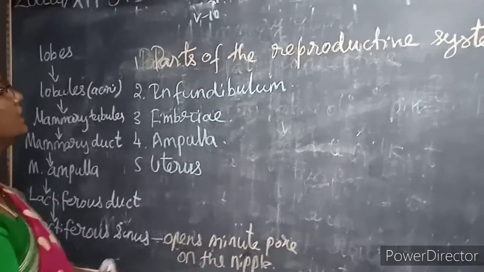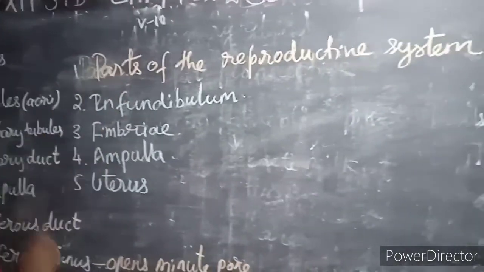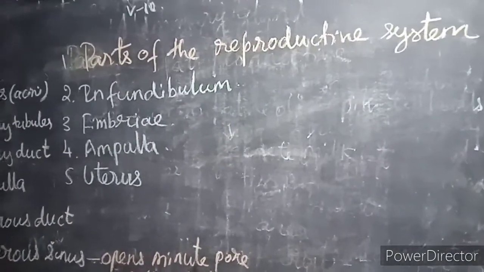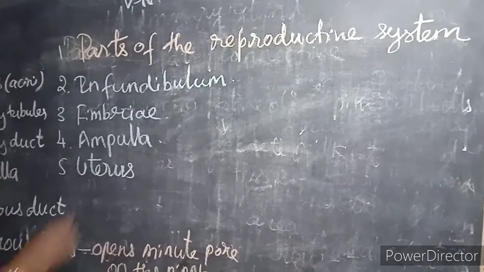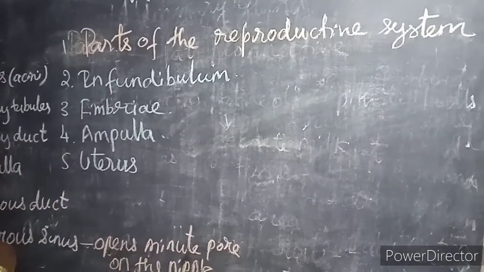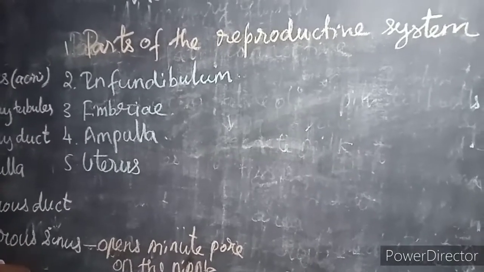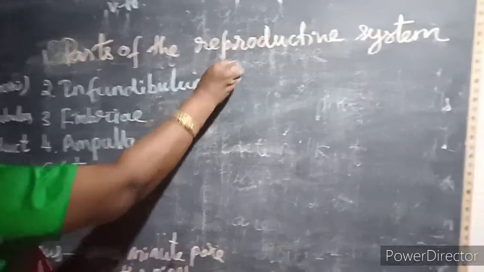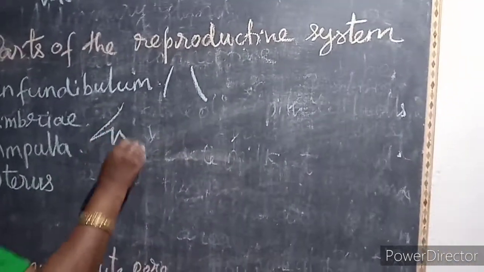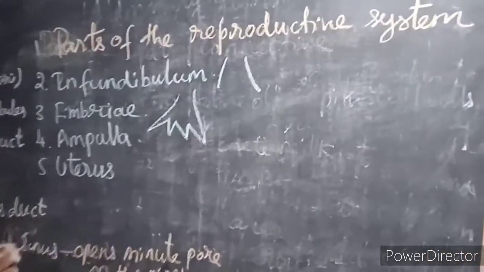Let us recall the parts of the female reproductive system: a pair of ovaries, a pair of oviducts, uterus, cervix and vagina. So what is the infundibulum? The funnel shaped part of the oviduct or fallopian tube is called the infundibulum. This finger like portion is called the fimbriae.